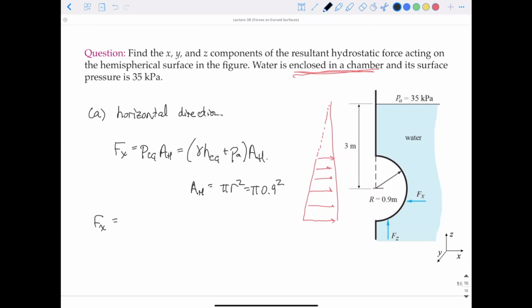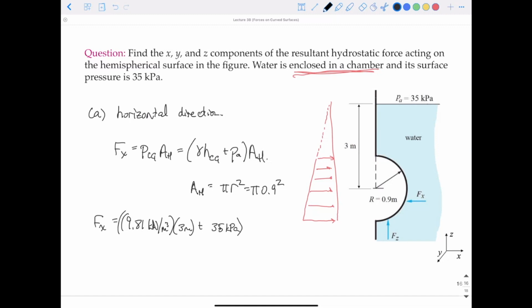We have our gamma for water is 9.81 kilonewtons per meter cubed, times our height of 3 meters shown on the diagram, plus our pressure at the opening, PA, which is 35 kPa.